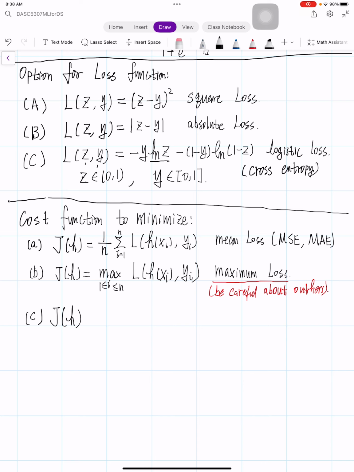So if your data is not clean enough and not well prepared, this maximum loss could make your model perform very badly. And the third one is the weighted sum loss.